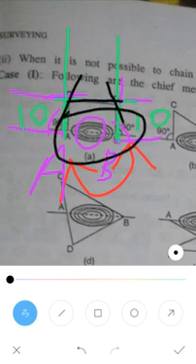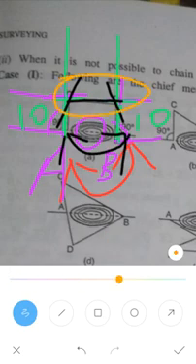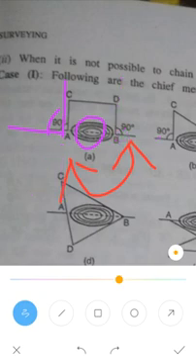Whatever distance you measure from here to here, the AB distance will be equivalent to this distance. So both are equal. I will remove everything. The length CD will be equivalent to AB.